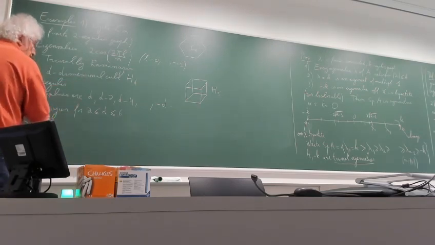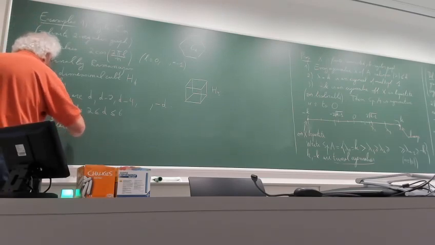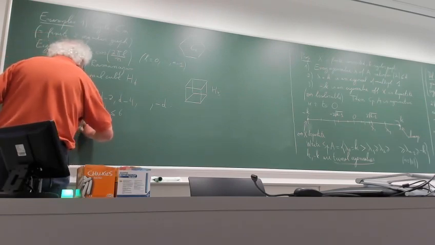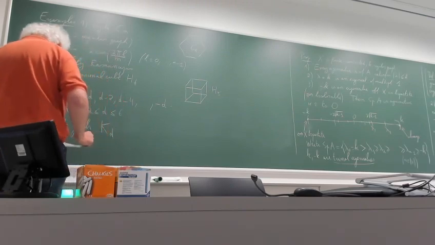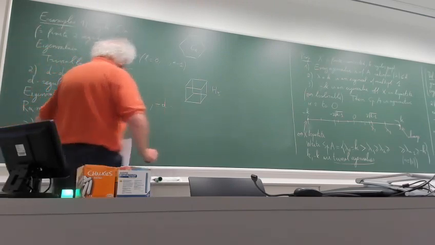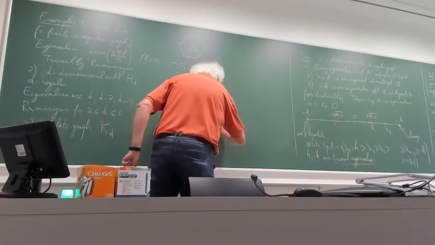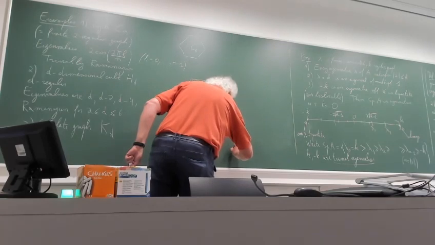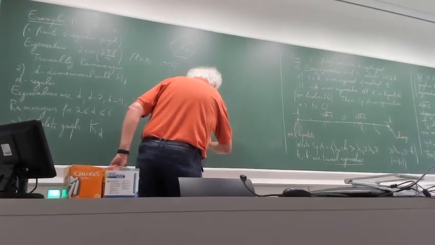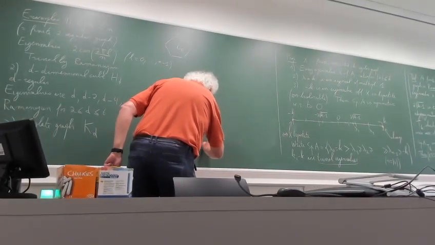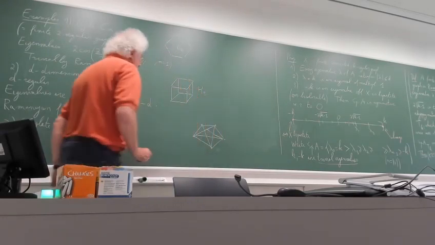Okay, third example. Let's look at the complete graph K_d on d vertices. So this means that every vertex is connected to every other vertex. That would be K5.